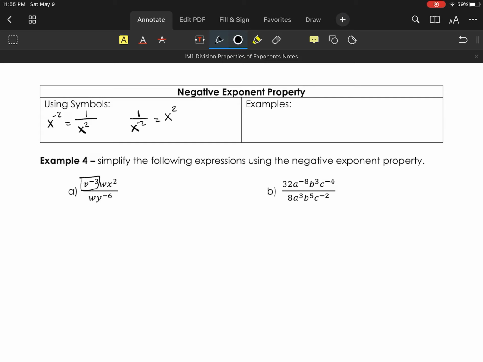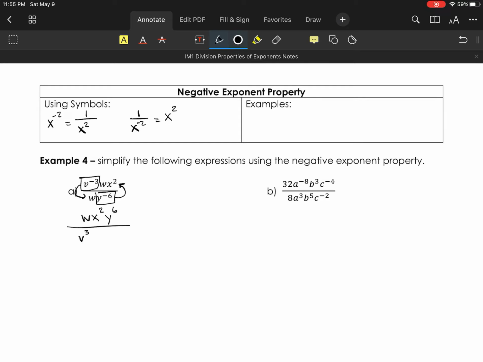So on example 4, on that first one, I have v to the negative 3. That's my first negative exponent, and then y to the negative 6th. So I'm going to move y to the negative 6th up to the numerator. I'm going to move v to the negative 3 to the denominator. So in my numerator now, I have w x squared y to the 6th.